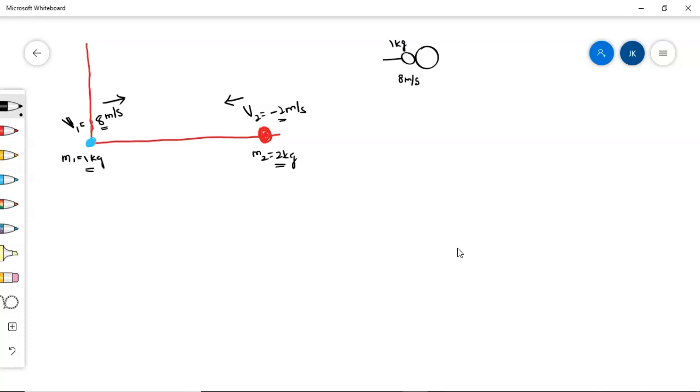Here is 2 kilograms, but it has 2 meters per second. What is our assumption? Let's see, after the collision, in which direction the two masses move and with what velocity. We can check using conservation of momentum.